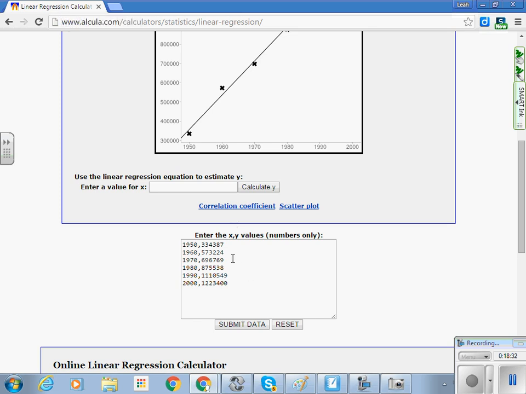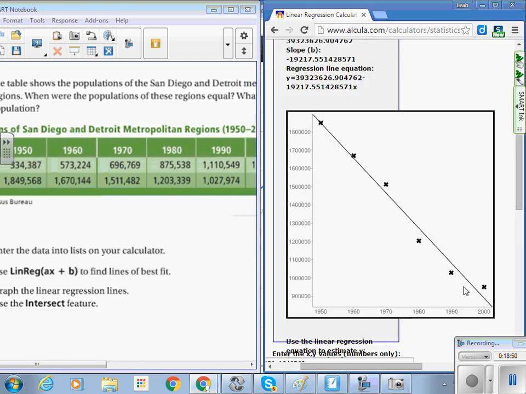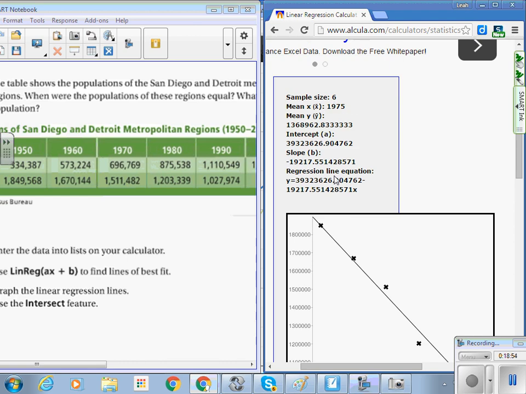I'm just going to change my second value to match the Detroit data. So we don't even have to do list 3, we just change list 2. You can, yeah, correct. But if you don't, we still do list 3 and keep list 2?